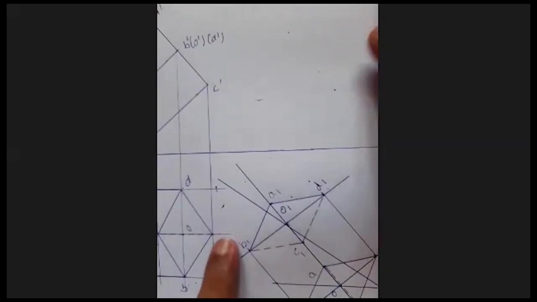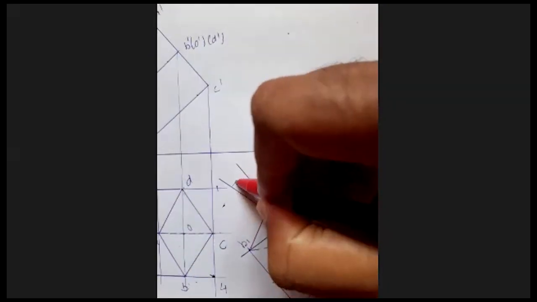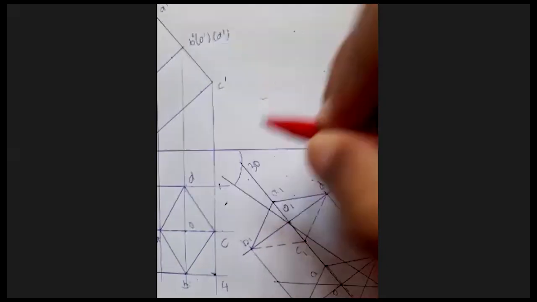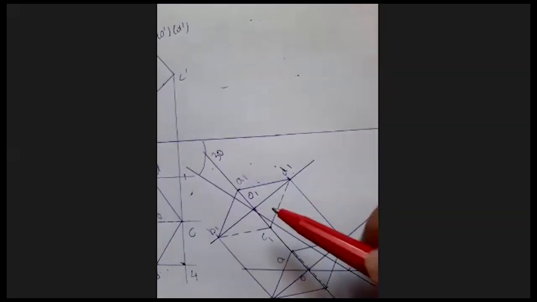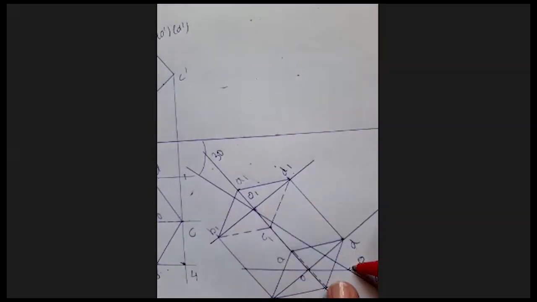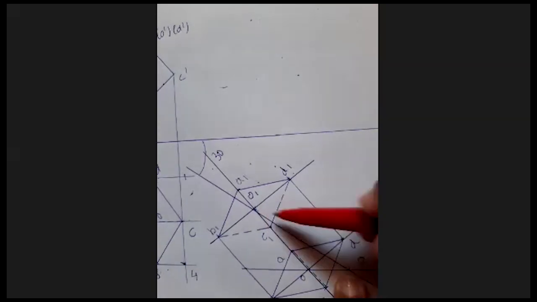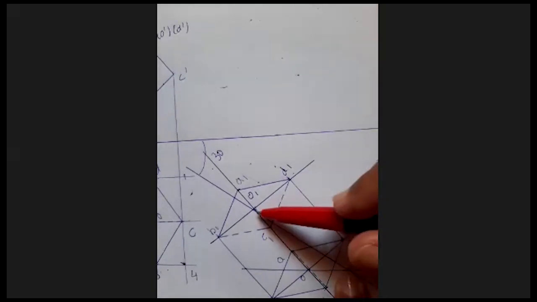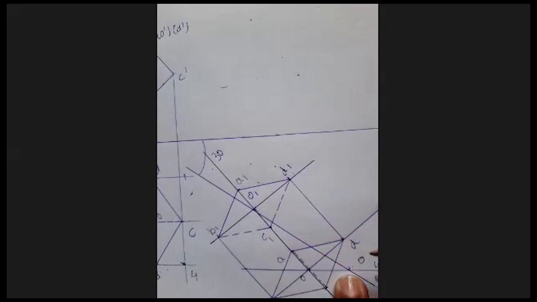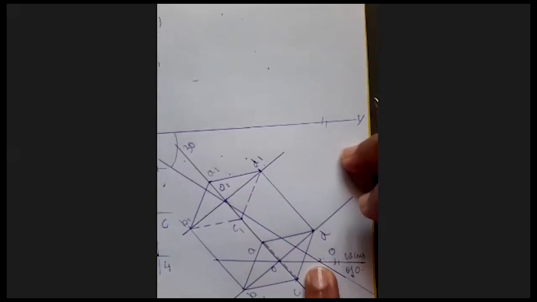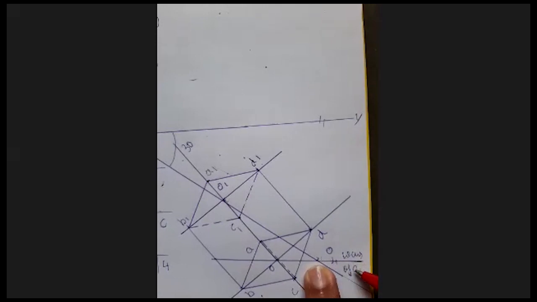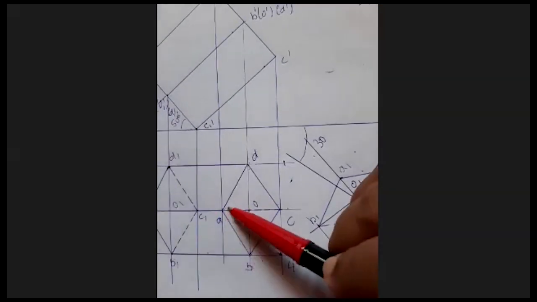I have drawn a 30-degree line here in the beginning. Then from O1, I have placed a 60 mm length from O1 to O. With this length, I have drawn a line which is parallel to my XY line, and I name this line as the locus of O. Then in the fourth diagram, I have taken the length of OO1.